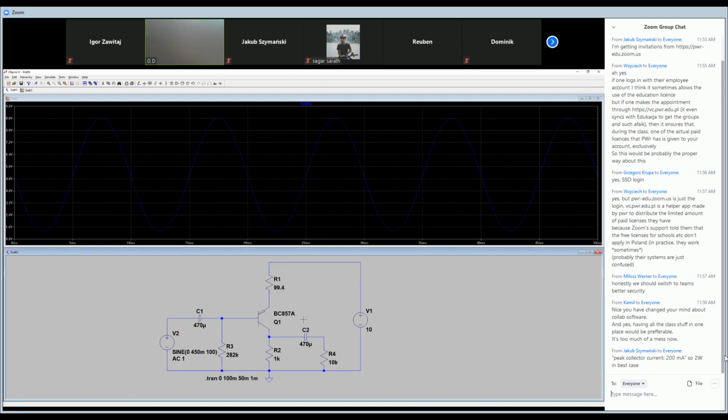Yeah, that's right. 450 millivolts is enough for this amplifier. As you see, this is a very simple amplifier for headphones, for example, where the input signal is coming from some USB recorder or something like that, which gives us a maximum of, I think, 50 millivolts for maximum loudness.